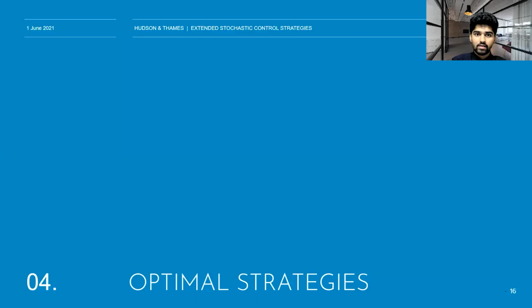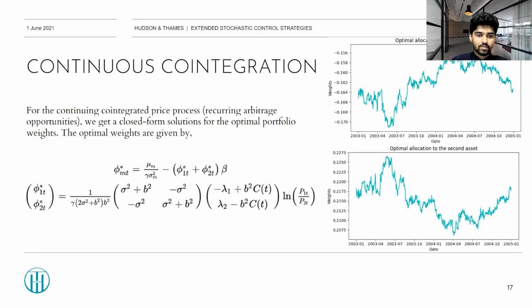So let's look at the finally calculated optimal strategies and how they are represented. For the continuous cointegration case, we are able to calculate closed form solutions for the optimal portfolio weights, and they are given by these two equations.